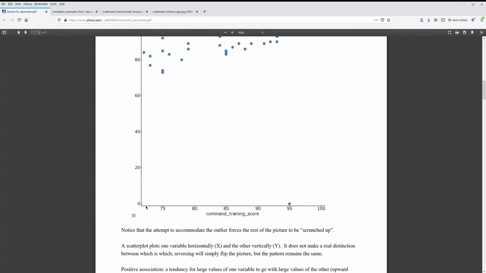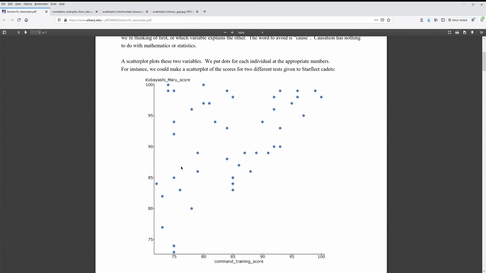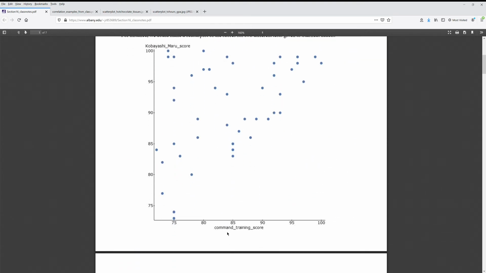A scatter plot plots one variable horizontally, call the horizontal one x, and another variable vertically, call the vertical one y. It doesn't make a distinction between which is which. Notice that if we plot things the other way, putting Kobayashi-Maru here and command training vertically, then all it's going to do is basically amount to a diagonal flip of this entire picture.